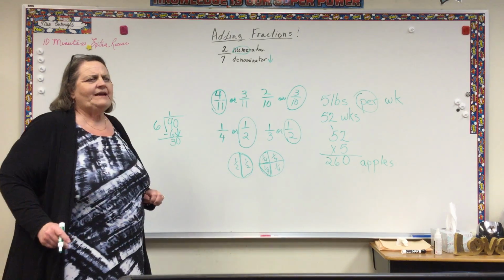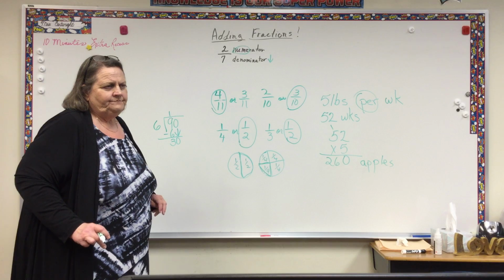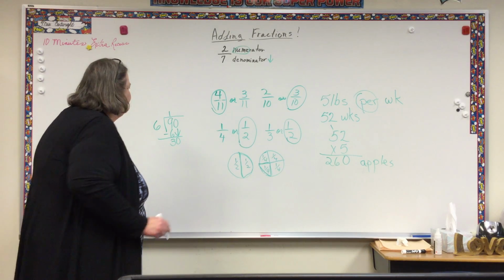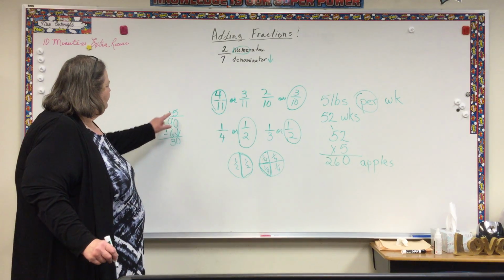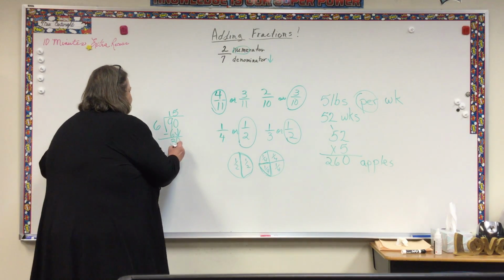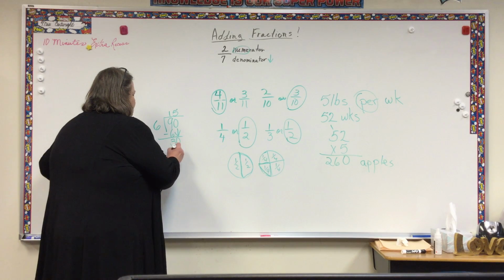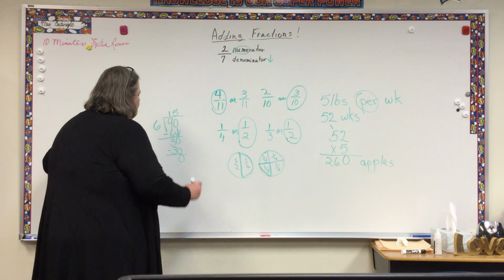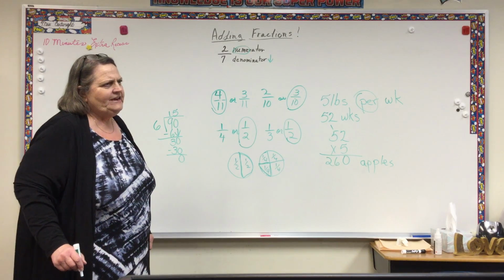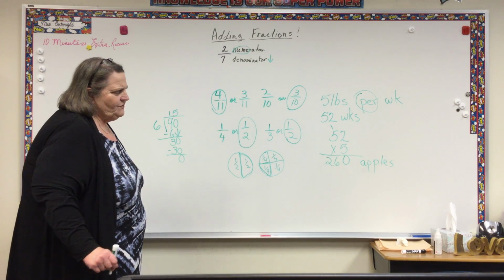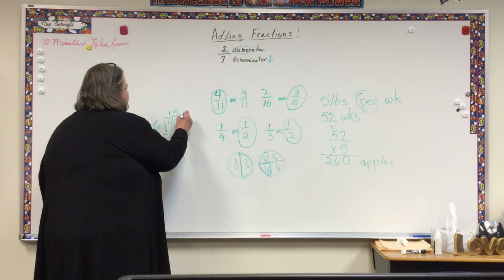What times 6 makes 30? 5. So I put my answer up here. I've divided. 5 times 6 is 30. 30 minus 30 is 0. 0 is less than 6. So I have 15 what? Packages, don't I?